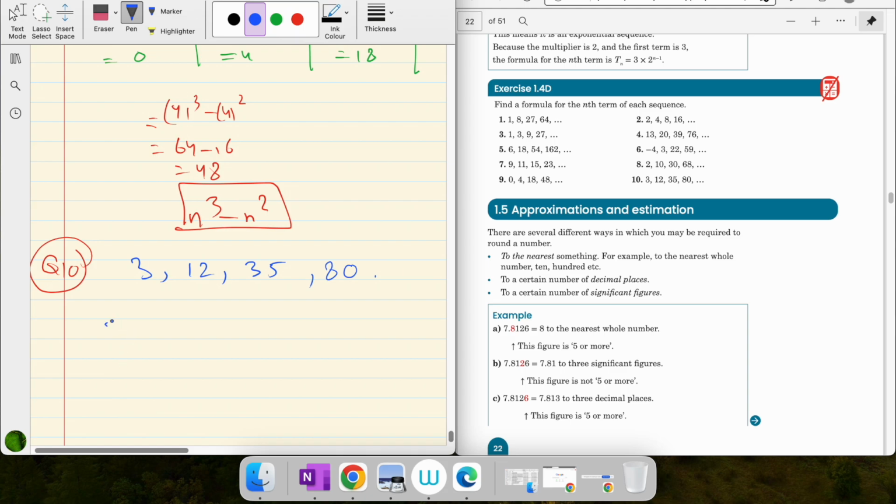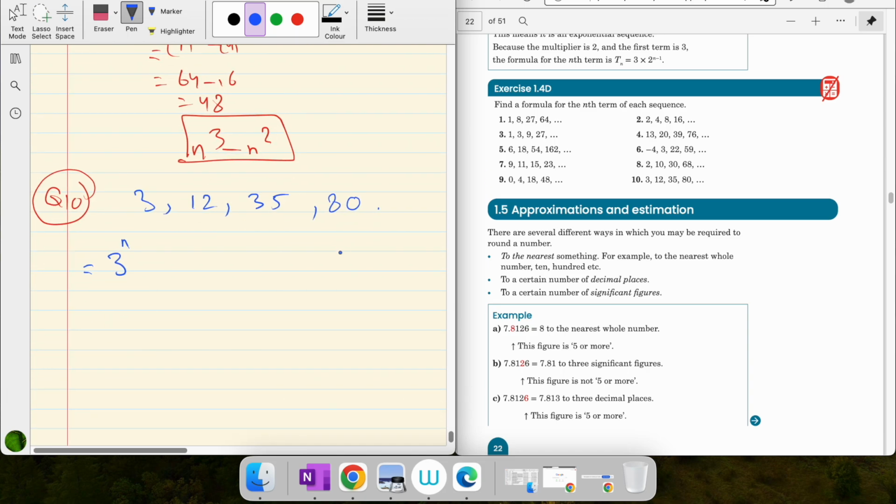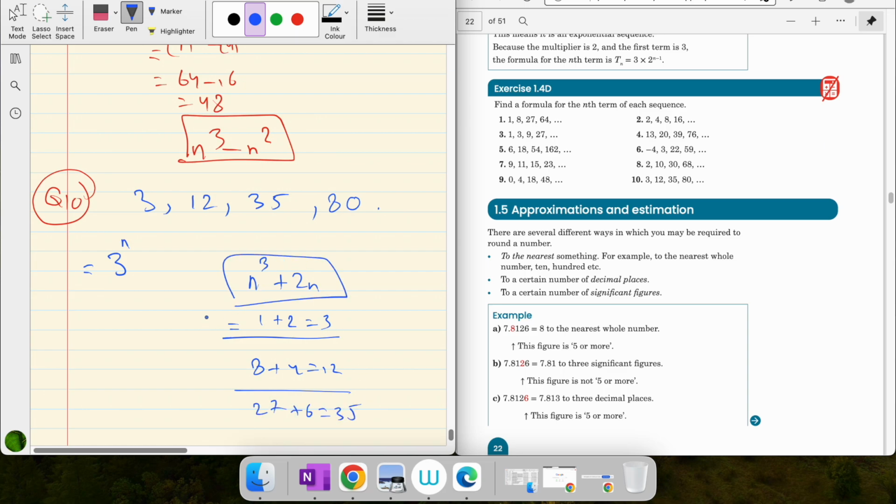If I try 3 raised to power something, you're saying n cube plus 2n. So this is 1 cube is 1 plus 2, 3. 2 cube is 8 plus 4 is 12. And 3 cube is 27 plus 6 is 35. Very good. N cube plus 2n.